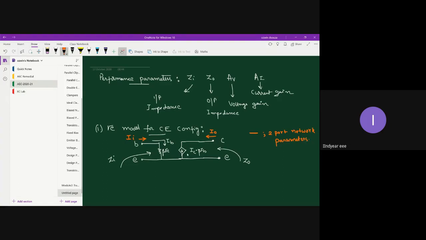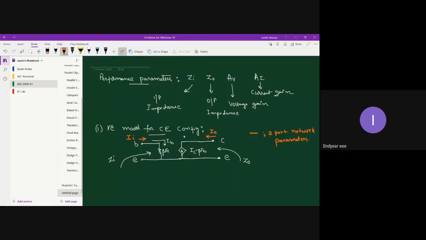Transistor has one input circuit and one output circuit, so it can be modeled as a two-port network. Similarly, a transformer has an input circuit and an output circuit, so it can also be modeled as a two-port network. Transistors, transformers, transmission lines, everything can be modeled as a two-port network. You will study more of it in network analysis.